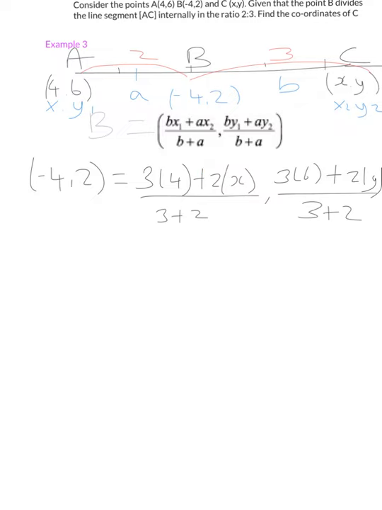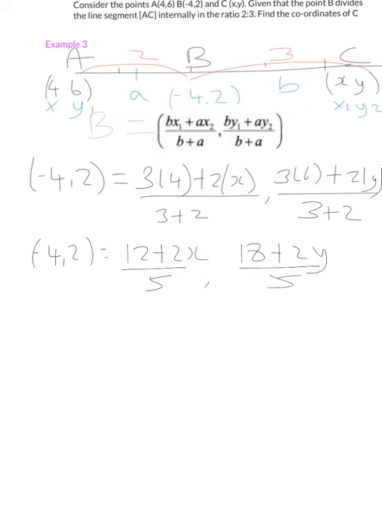So I'm still left with minus 4, 2 is equal to 12 plus 2x all over 5, and 18 plus 2y all over 5.